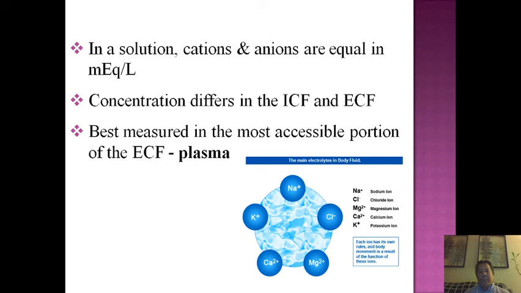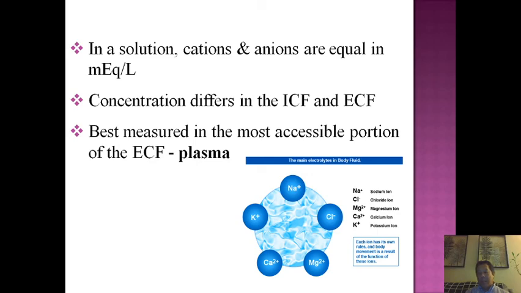We don't have a technology yet capable of measuring the amount of electrolytes inside the cells, unless you extract all the fluids and electrolytes of each cell, which we have trillions of. So right now we don't have the capability to measure the amount of electrolytes inside the cells, but we can measure the amount of electrolytes in the plasma or in the blood.